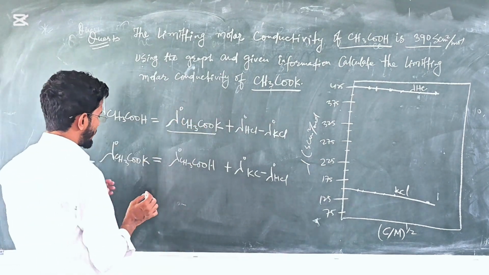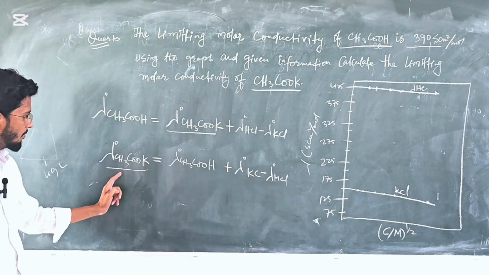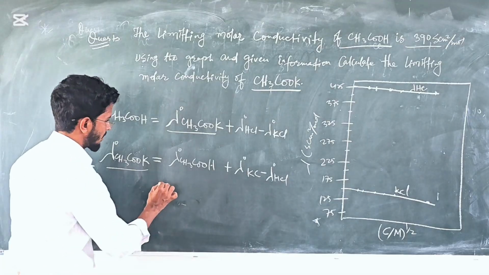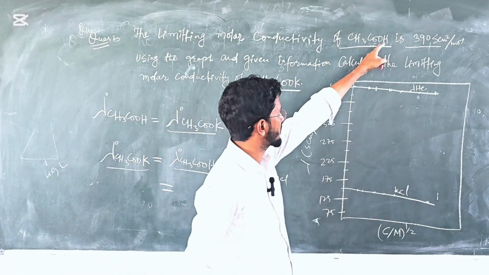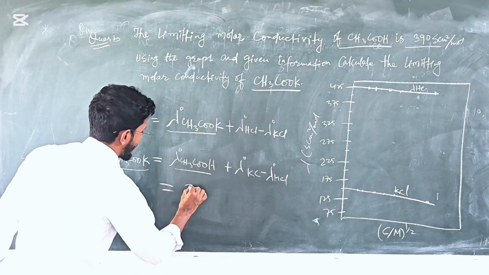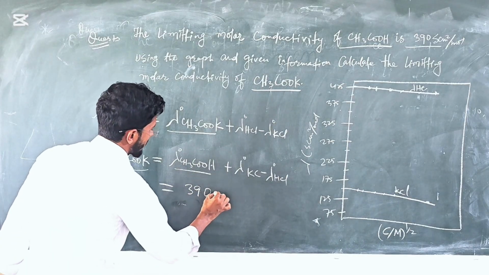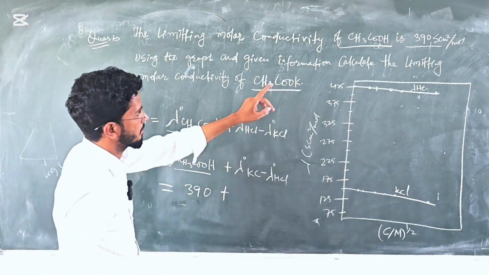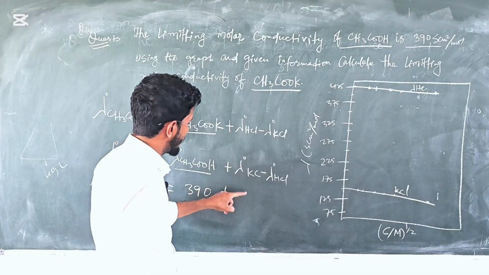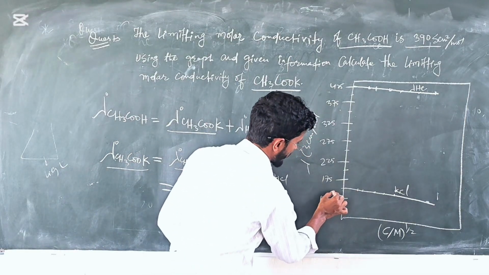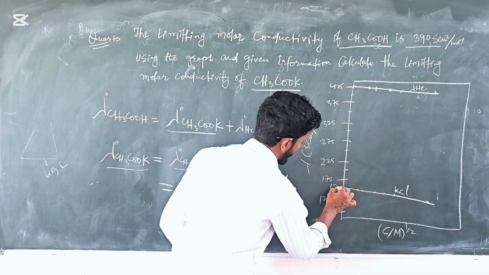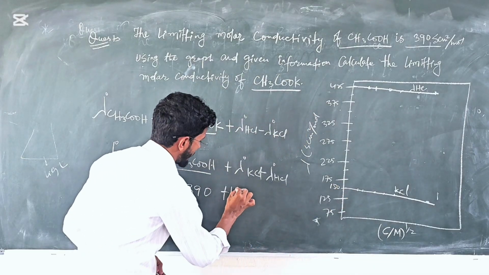Now from here we can simply calculate the molar conductivity of potassium acetate by putting in the values. As we know, the value of lambda CH3COOH is given as 390 Siemens centimeter square mole inverse, and the value of KCl, from the graph, is 150, since this is 175 and this is 125. Value of KCl will be 150.